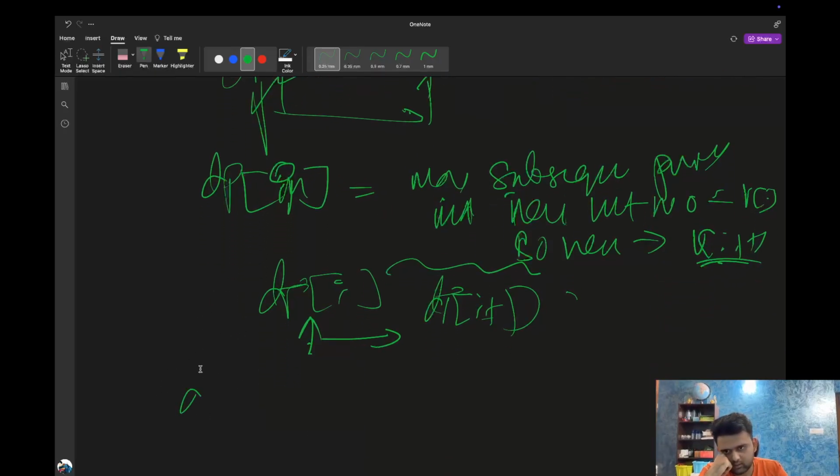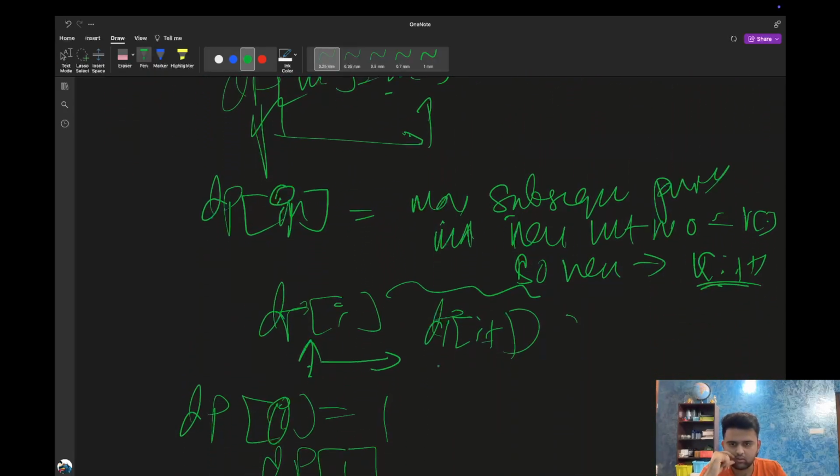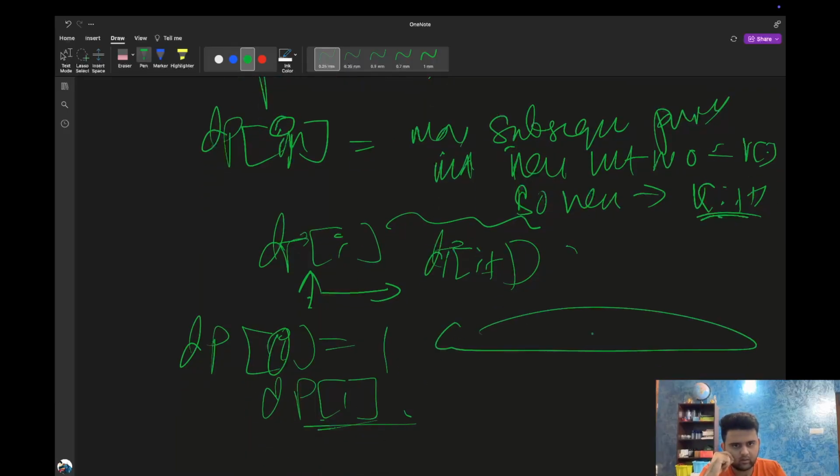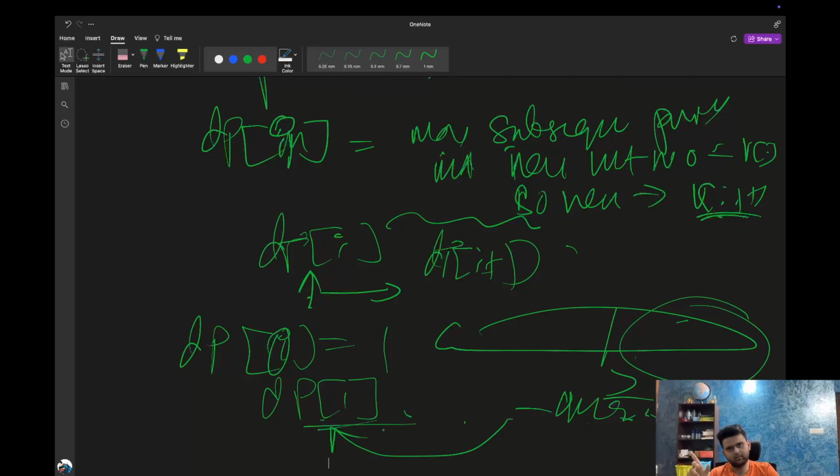Okay, how do you initialize? dp of 0 is 1, dp of 1 is quite easy. So maintain a set tree to calculate num greater than or equal to, and actually num greater than m minus num m, then check for the next max m plus 1.